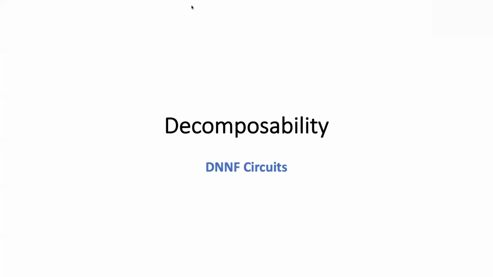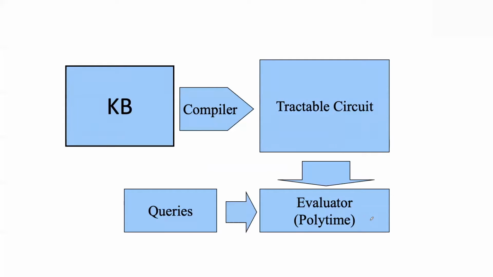All right, so as mentioned, we will be focusing on the property of decomposability today. This property gives us a type of circuits known as decomposable negation normal form, or DNNF. Remember what the big picture is. We have this notion of a tractable circuit. As discussed last time, the ones we'll be discussing will all be based on negation normal form circuits and subsets of them.